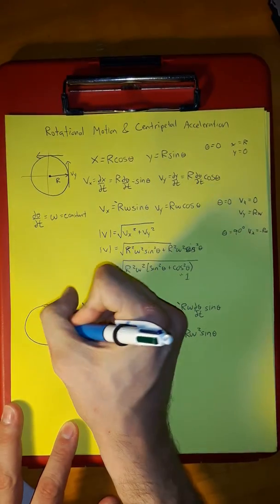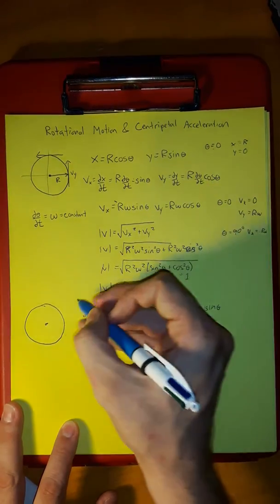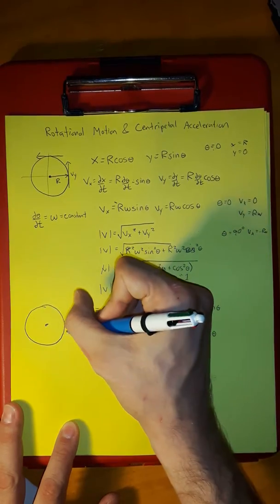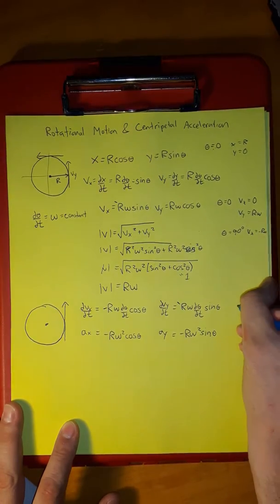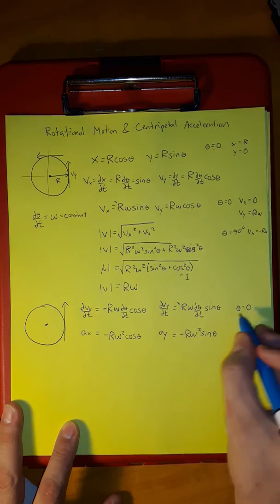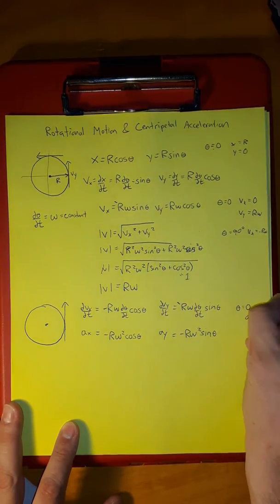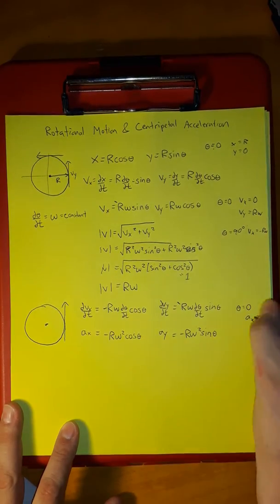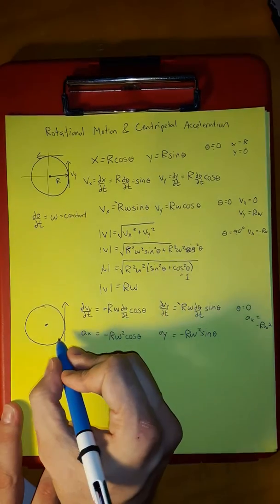So just taking another look, at first when theta was 0 we were at the position x equal to r. Our velocity was totally in the y direction. Now when theta equals 0, our acceleration, if we sub it in, a_x, cos of 0 is 1, we're going to get negative r omega squared.